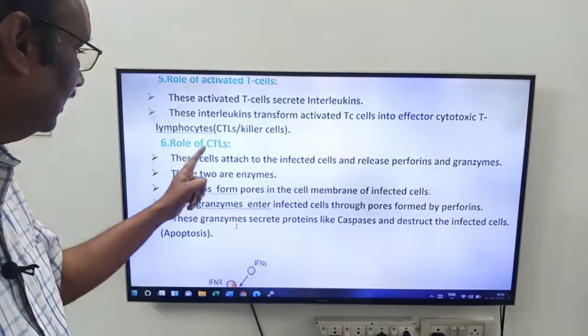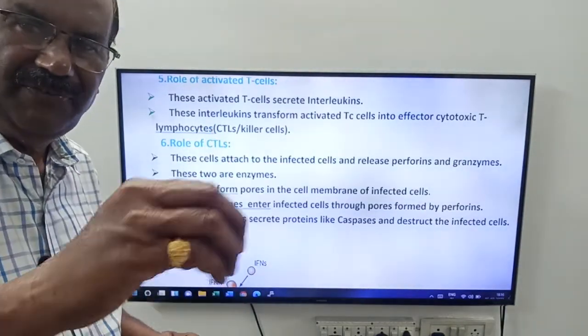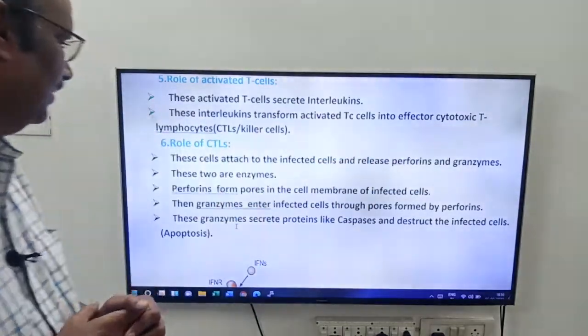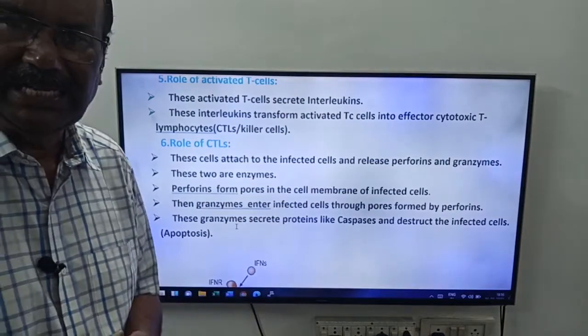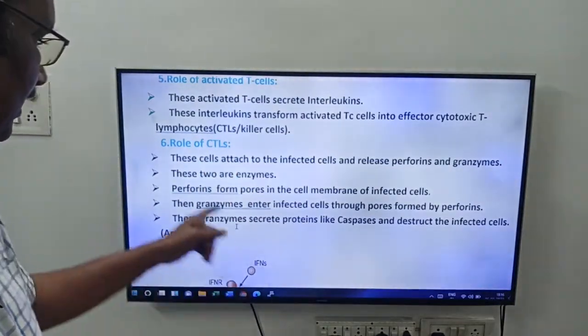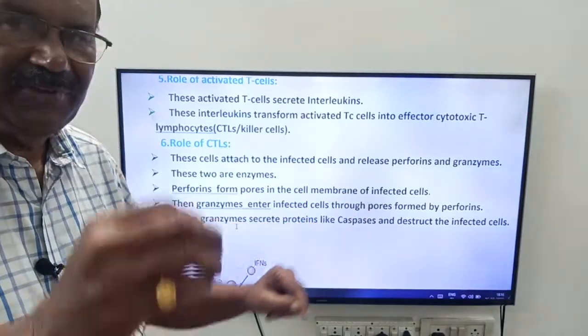Cytotoxic T lymphocytes attach to the infected cells and release perforins and granzymes. What are perforins and granzymes, friends? They are enzymes. Perforins form pores in the cell membrane of the infected cell.